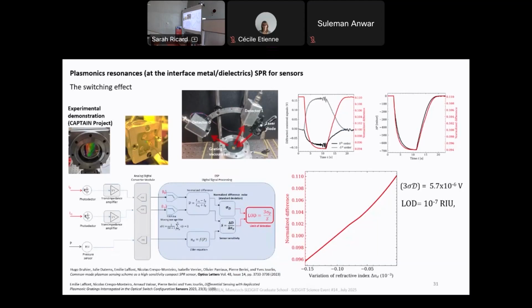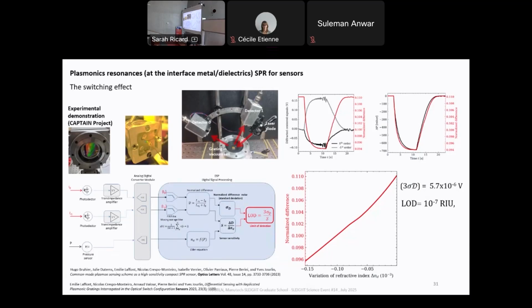We developed this setup with Hugo Bruyère. He was the first PhD student who worked on this sensor. So he worked on the proof of concept, let's say, in vacuum. So here we measure the two efficiencies. We perform the difference.